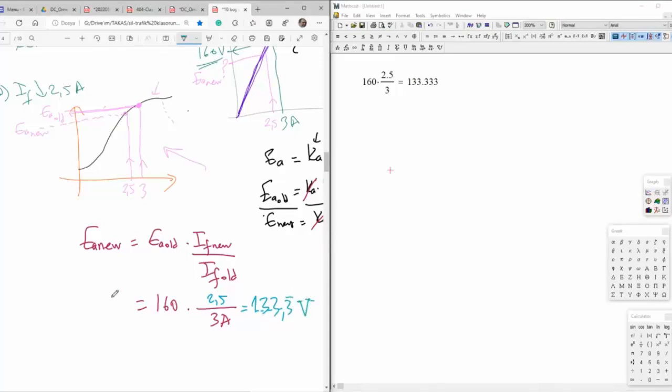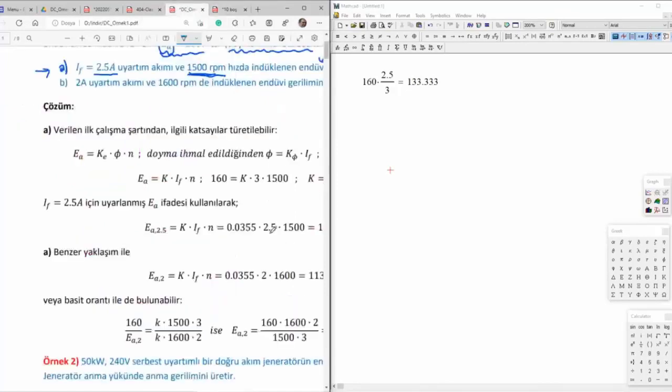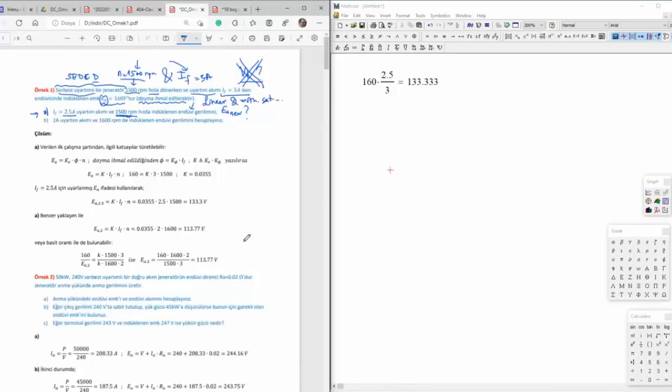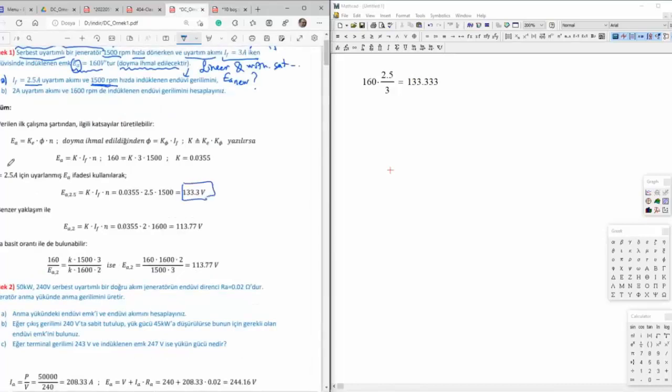Houston, that is the new value of induced EMF. The answer is given here, the A answer, and you see 133 volts. Okay, let's check it out.